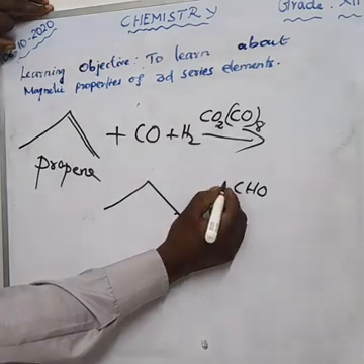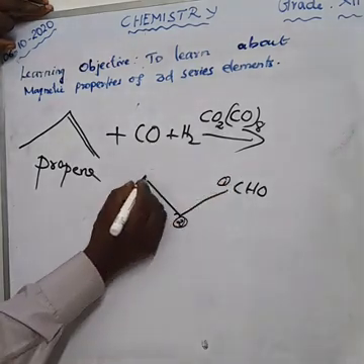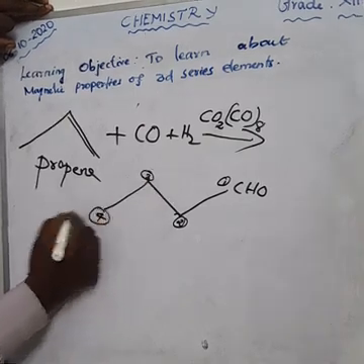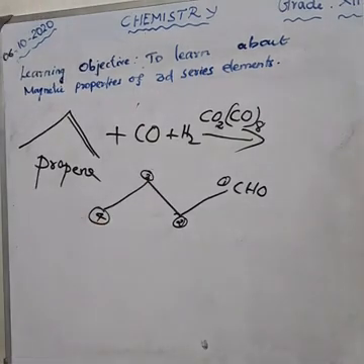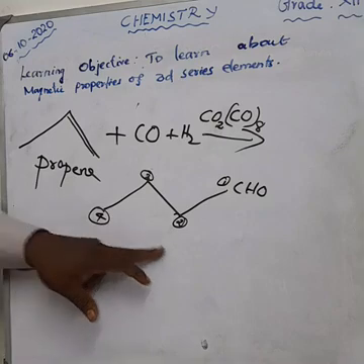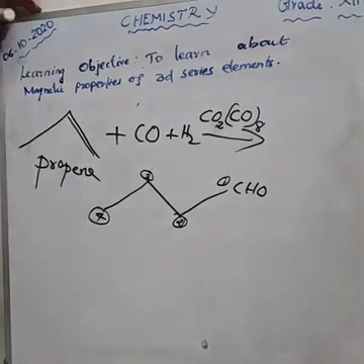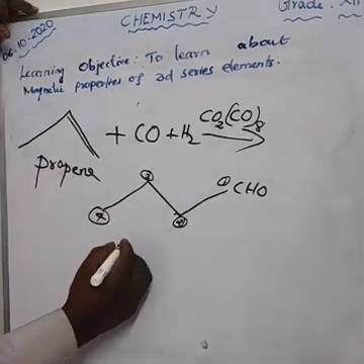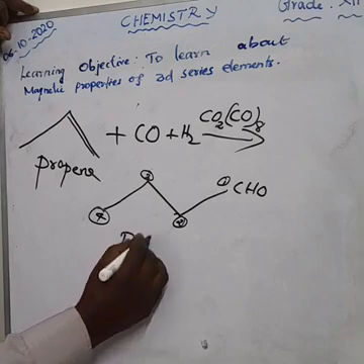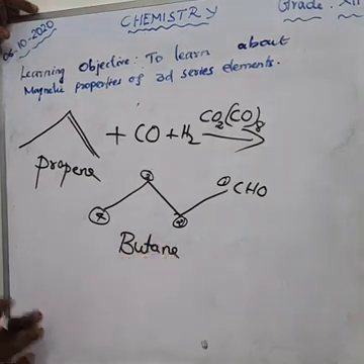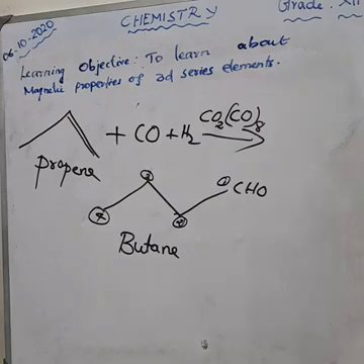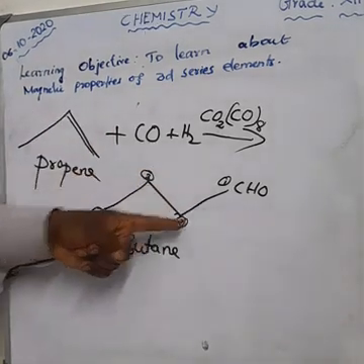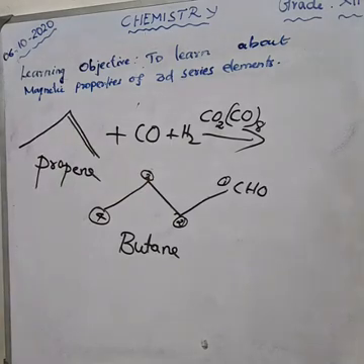So, we start with number 1, 2, 3, 4. Here, 4 carbon means the alkane name is butane, am I right? In 11th class you may have learned about butane. 1 carbon is methane, 2 carbon ethane, 3 carbon propane, and 4 carbon butane.